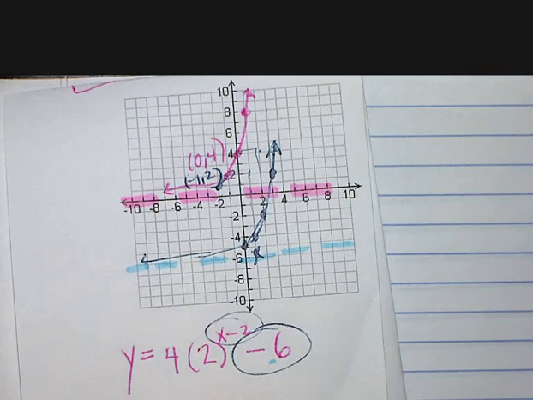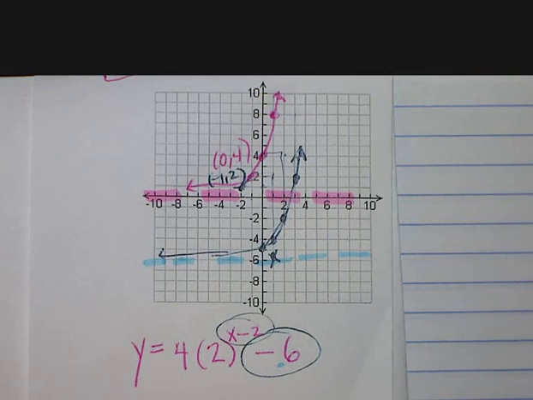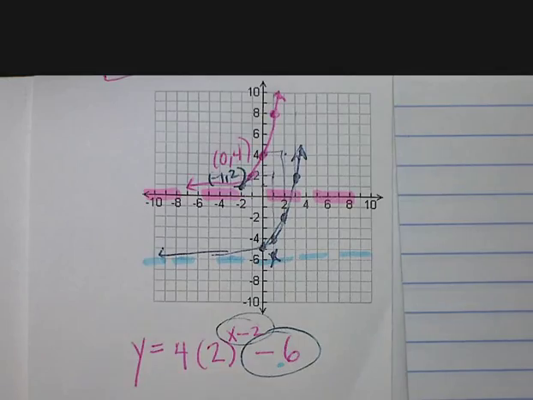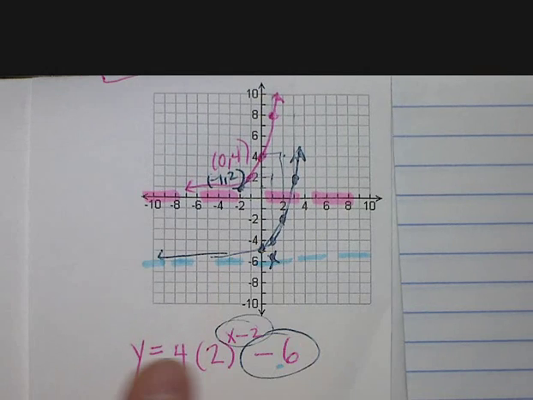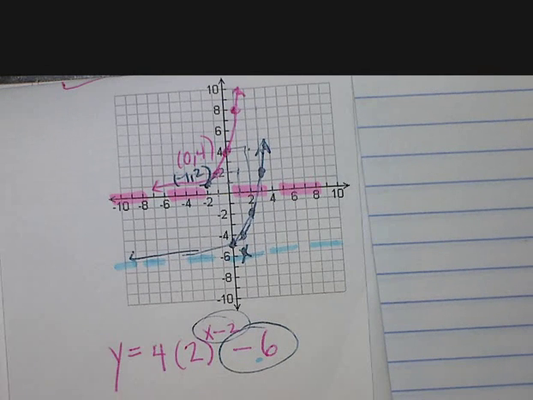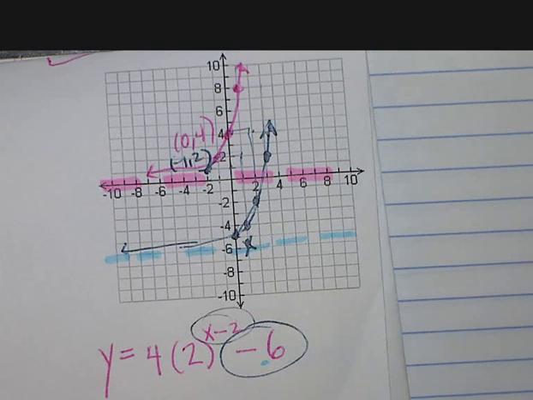Okay, ready? I'm going to ask you a question. Turn to your partner and answer. Here's the first thing. In the blue line that I'm looking at, the official equation, what is the y-intercept? Go. 0, -5, right? Okay.